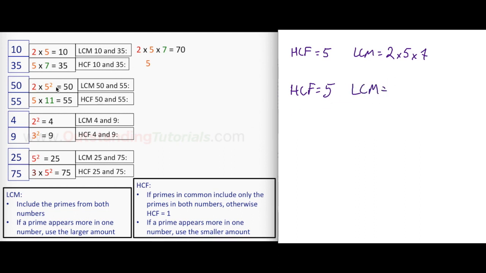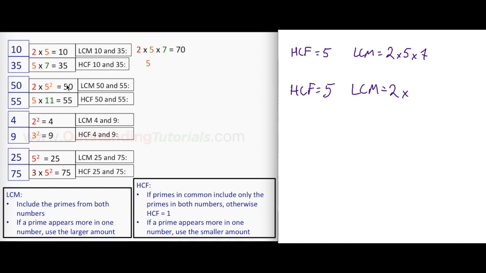So there's 2. I'll pick the 2, of course. I would pick the 5, but there's 5 squared and a 5. So the lowest common multiple says use the larger amount if the same prime appears more in one than the other. Remember the opposite of that: lowest common multiple, pick the larger.